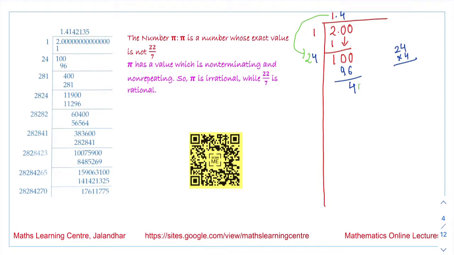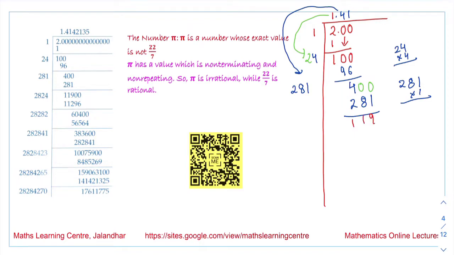Now again we bring down 2 zeros over here, and the double of this number is 28. Now it is 281, so 281 into 1 is 281. What we are left with over here is 119.